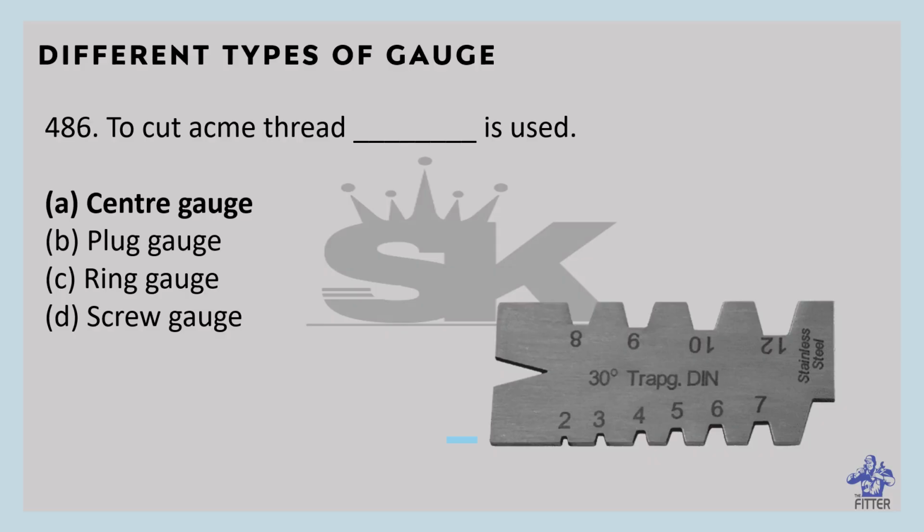Acme thread is used for jack screws, lead screws, CNC systems, and many other applications. It is also used in industrial applications where heavy torque is required and power transmission, such as lathes, milling machines and presses.